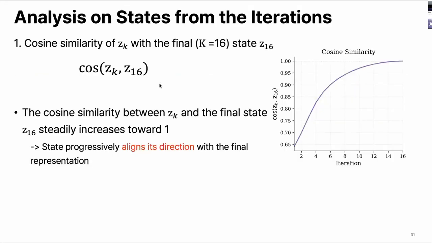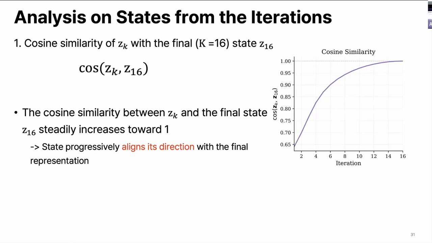And this is another experiment to better understand the recurrence. They analyzed the hidden states across iterations, here z_k, which is token features in between the layers. First, they compute the cosine similarity between the state at iteration k and the final state, which is k equal to 16.